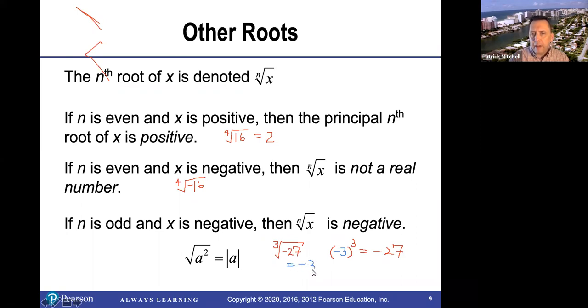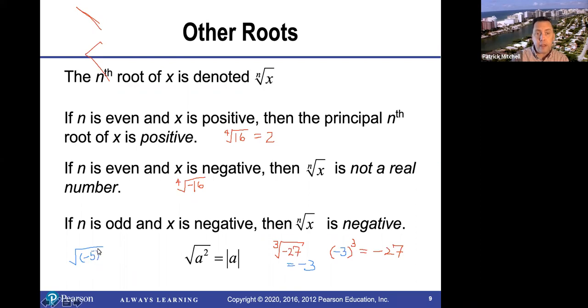Okay, and then finally, let me point out at the bottom, it's tempting to say that the square root of a squared is always a. However, that doesn't work when a is negative, right? For example, if I take the square root of the square of negative 5, the square of negative 5 is 25, right?